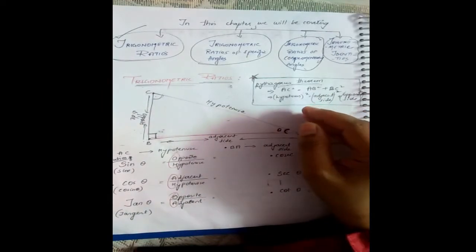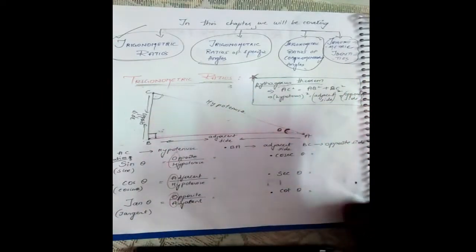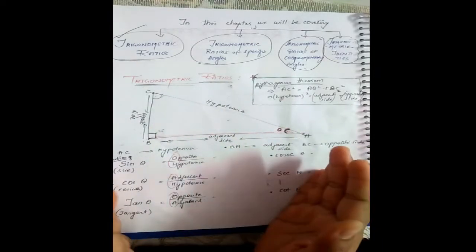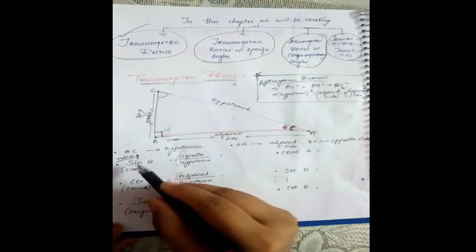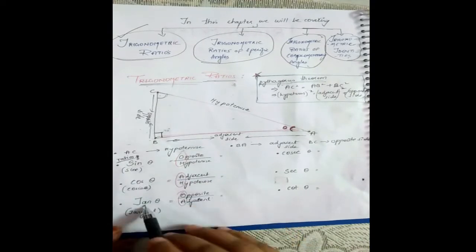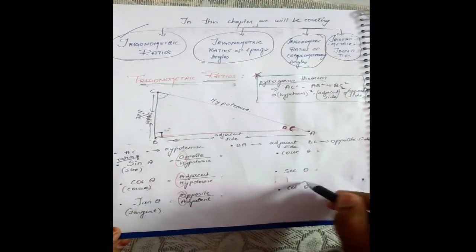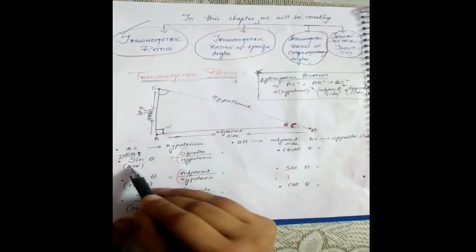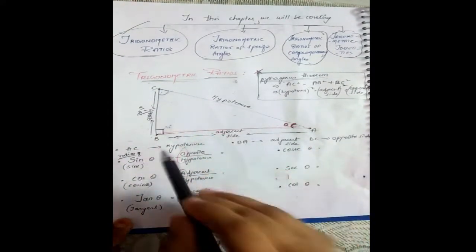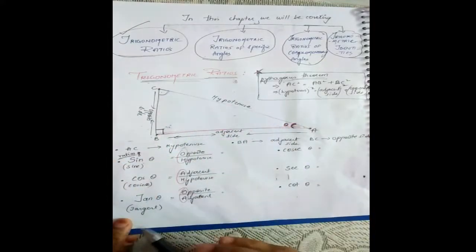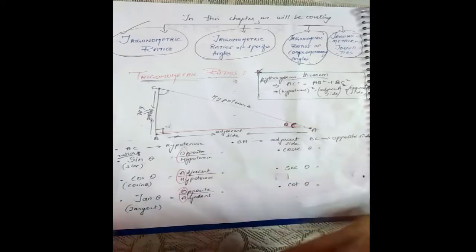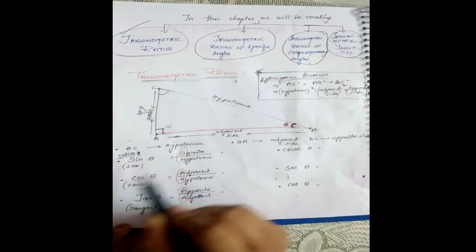Now the topic starts with trigonometric ratios. The ratios are sine theta, cos theta, tan theta, cosec theta, secant theta, cot theta. These ratios deal with the adjacent side, opposite side and hypotenuse. First let's start with sine theta.